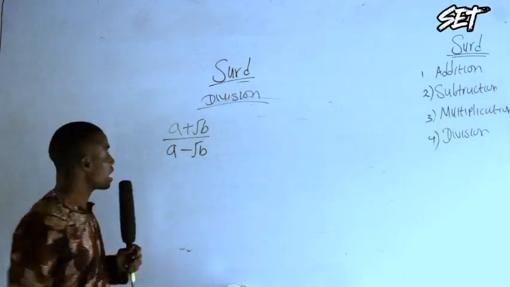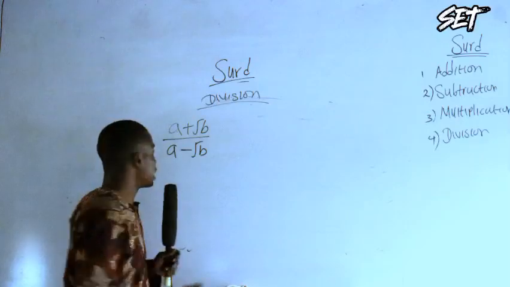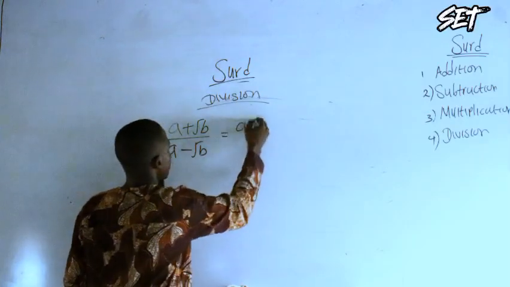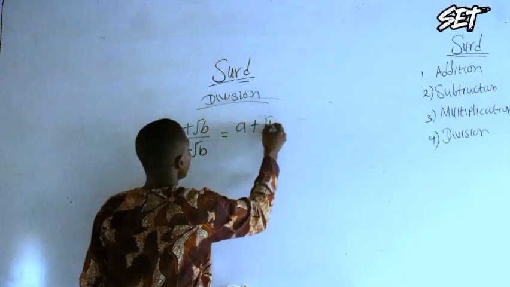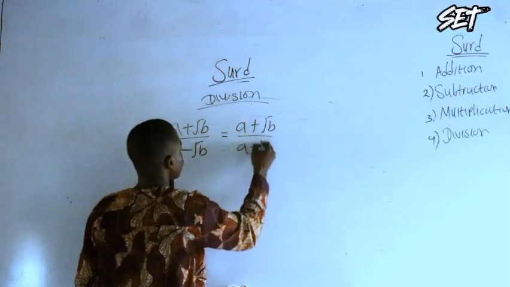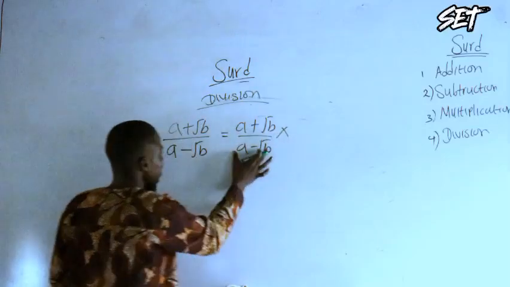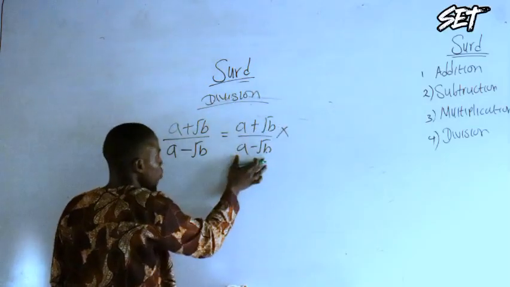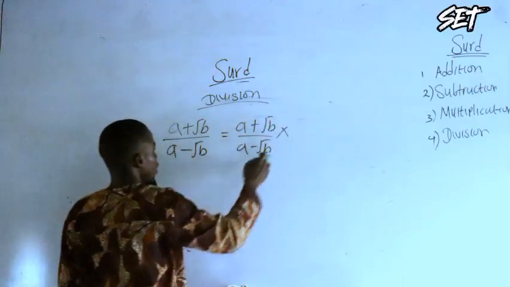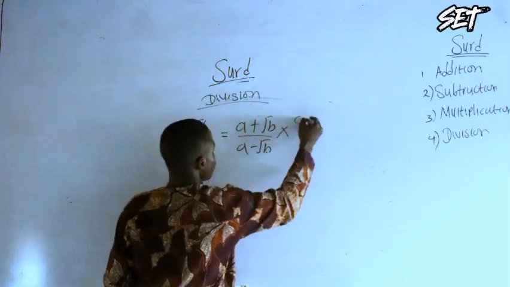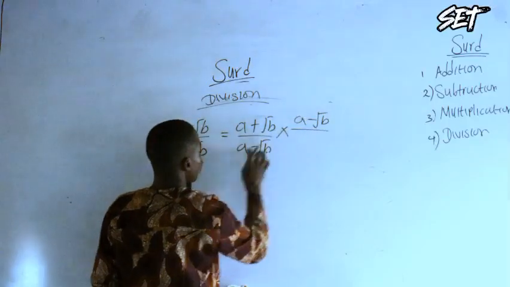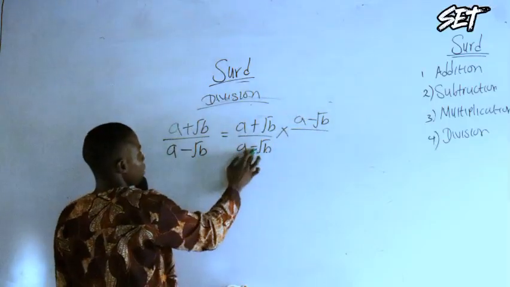For the denominator, you just say A plus root B all over A minus root B. Just turn the denominator. What you see in the denominator, this is numerator, this is denominator. Turn it twice. This one, we just say A root B all over this one, because the denominator is minus.